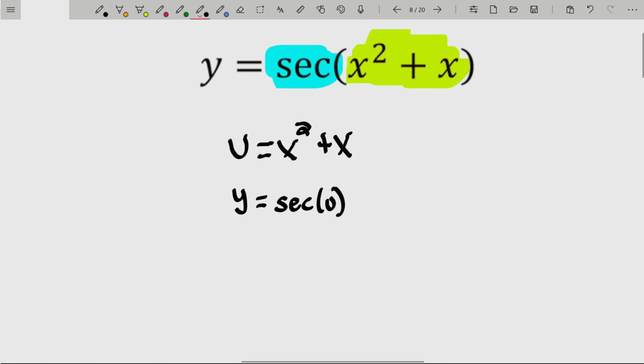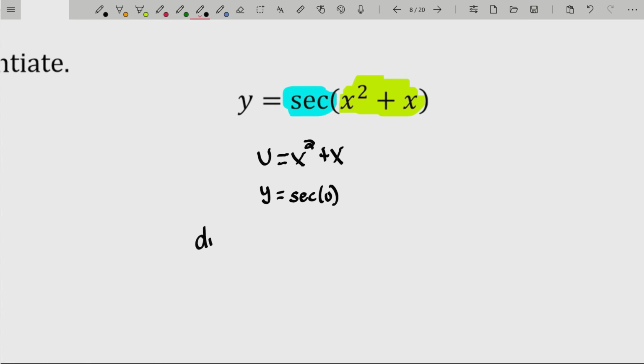And so if somebody says I need the derivative of y with respect to x, I could start by saying, well, as I've written it, y is not a function of x. y is a function of u. And then I can hop inside of y and take the derivative of u with respect to x. So this actually works beautifully.